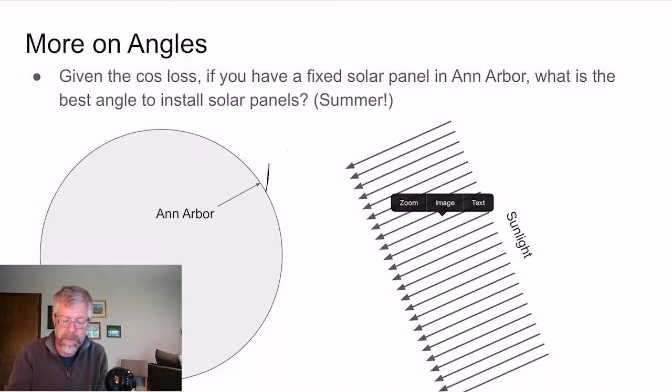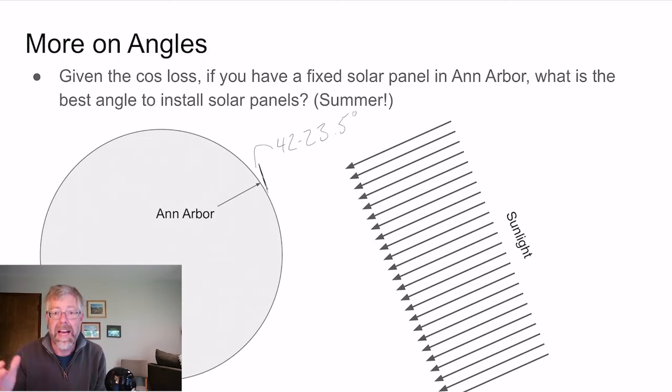Then the sunlight comes in here, and it's 23.5 degrees the other way. So now you actually want to tilt your solar panels the opposite way, like this. So this angle is now 42 minus 23.5 degrees. And so that is optimum for summer conditions.